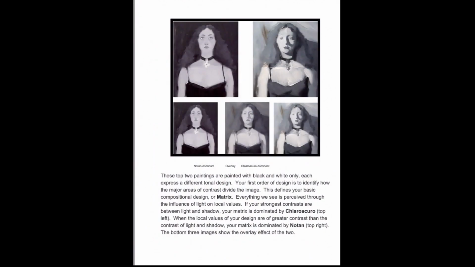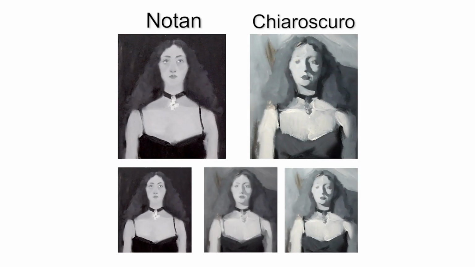So how do we look at notan and chiaroscuro? You can see from our basic matrix will change. The image on the left was just a quick demonstration from a model where she was flatly lit. The one on the right was a quick demonstration, same model with a strong directional light source. Down below, I took the two, put them on both ends, and then in the computer I merged them, okay?